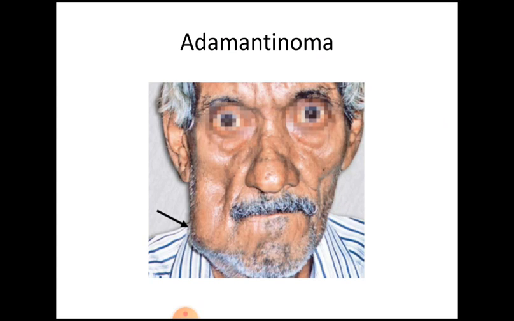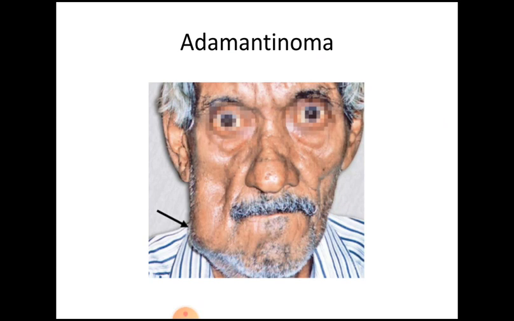Adamantinoma is a basal cell carcinoma of the paradental epithelial debris of Malassez. And the basal cell carcinoma is a locally malignant tumor. We talked about basal cell carcinoma in the last lecture. What's the meaning of the locally malignant tumor? It's a malignant tumor without distant metastasis or without lymphatic spread.